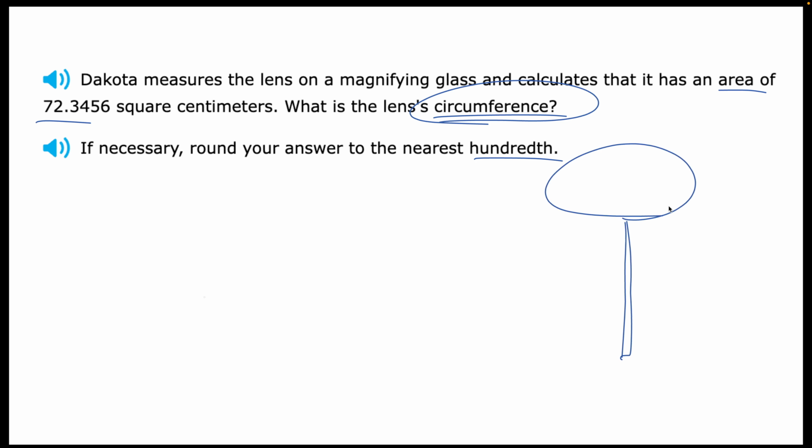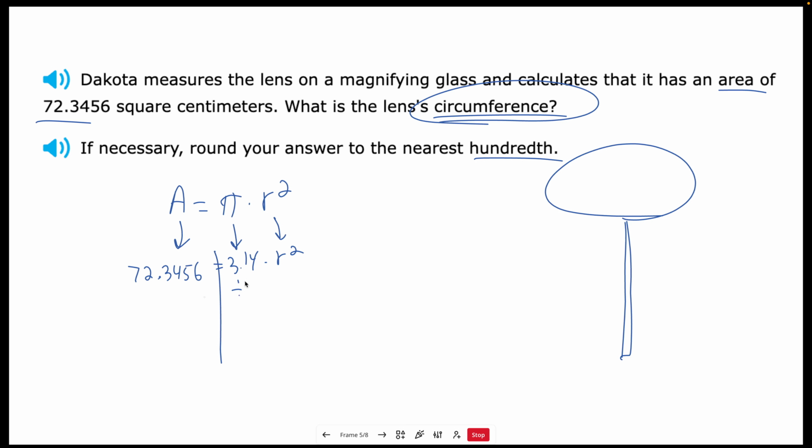Now, we know the area formula is pi times r squared. We know the area is 72.3456. We know pi is 3.14, and we don't know what the radius is, so let's leave it as r squared. Well, now we have an equation, and I want to move the 3.14 to the other side, so I need to divide on both sides. These cancel out.